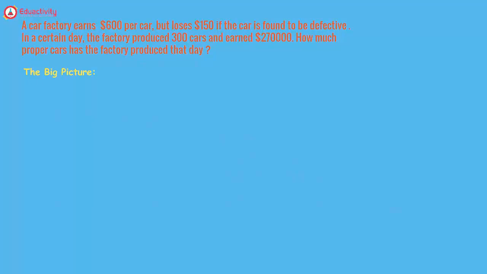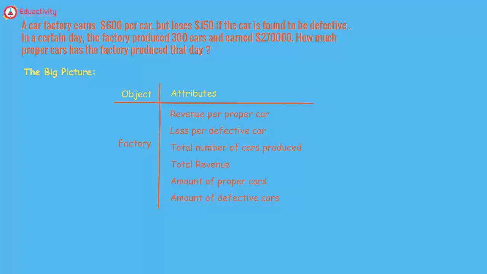In this problem, there is a factory object. The factory has the following attributes. What's going on in the problem is a factory produces cars.